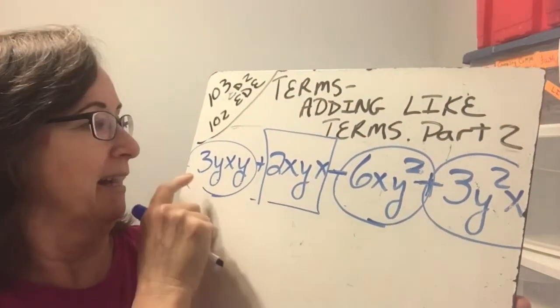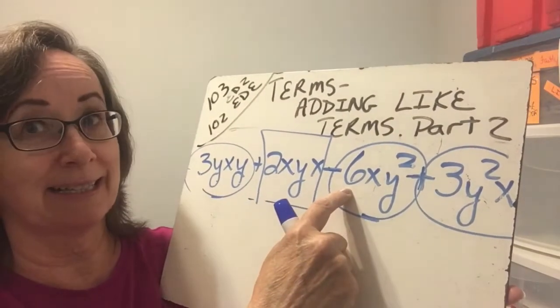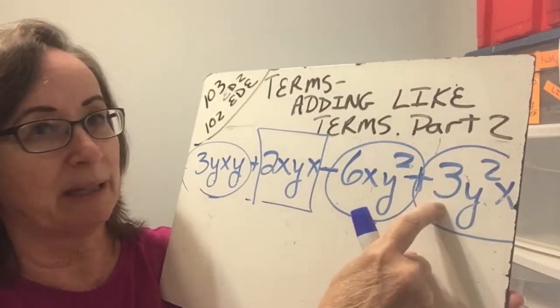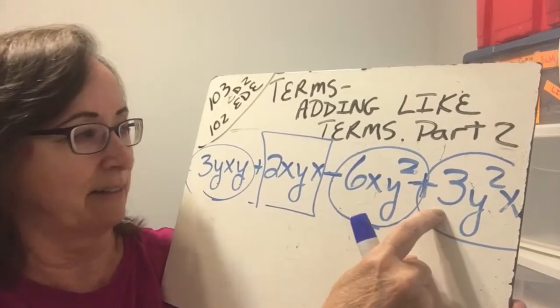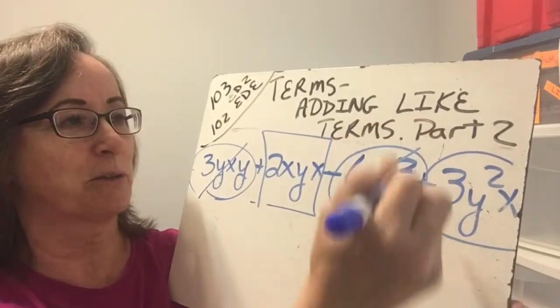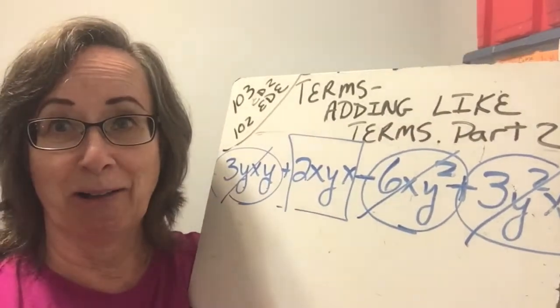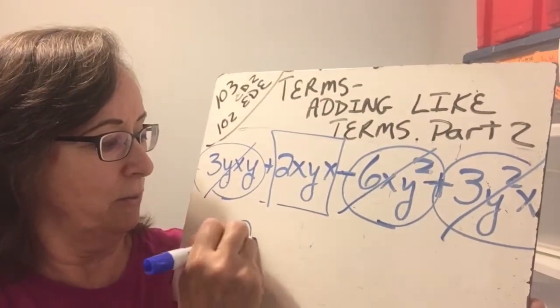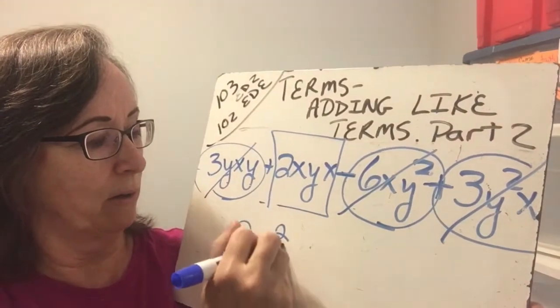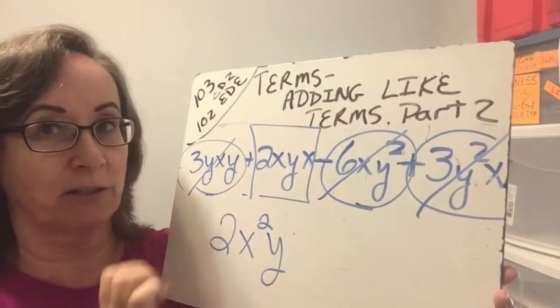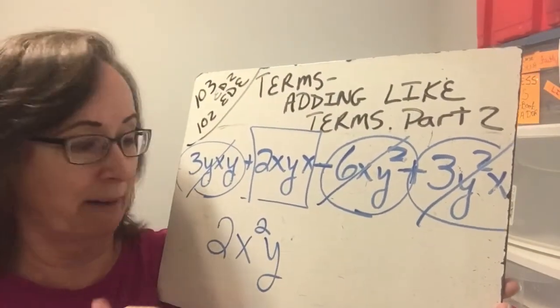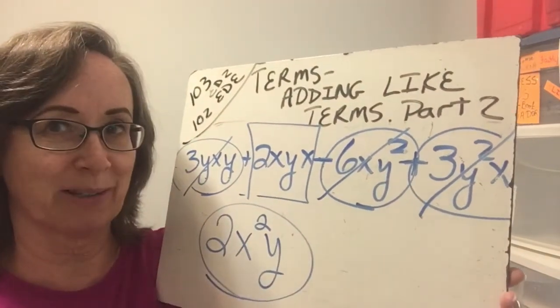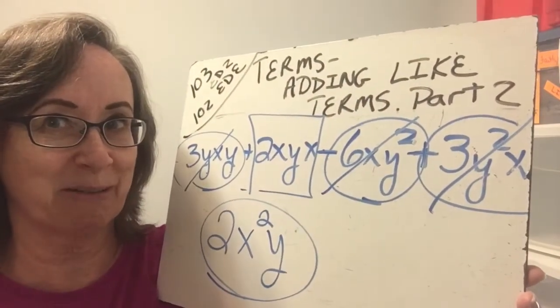Let's check that. 3 plus a -6 is a -3, plus a 3 is 0. Guess what? Those 3 all cancel each other out. So now we just have this one, 2x squared y, because I have the 2x terms and then the lonely y. So my answer boils down to just one term.